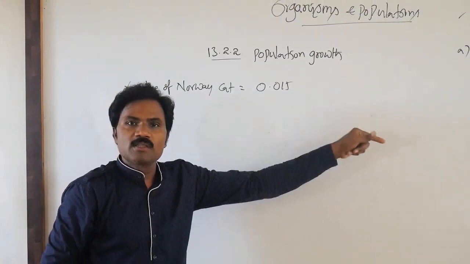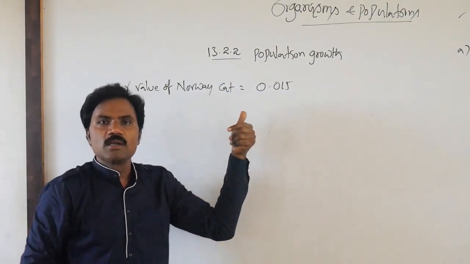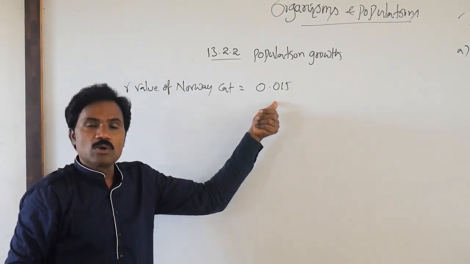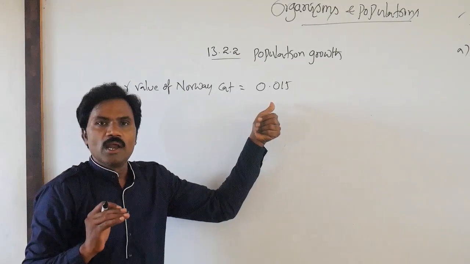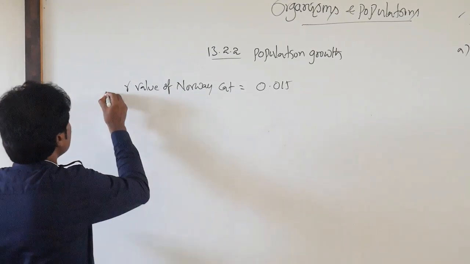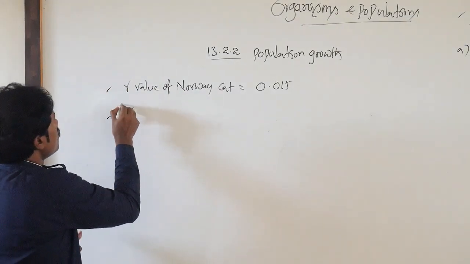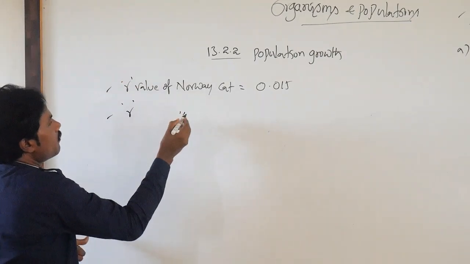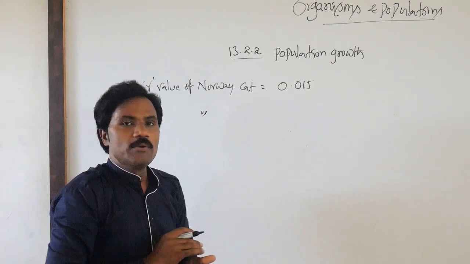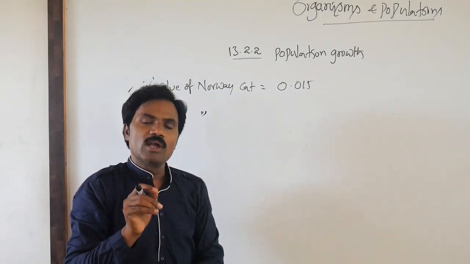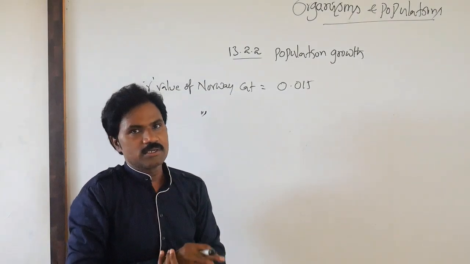If you know their birth rate as well as death rate, automatically we also understand the r value of the Norway rat, and the r value in the human population.